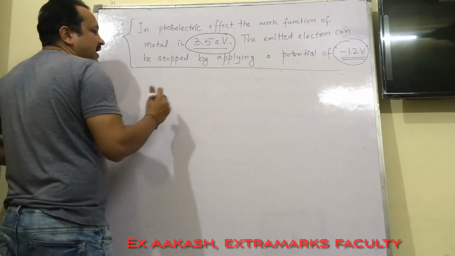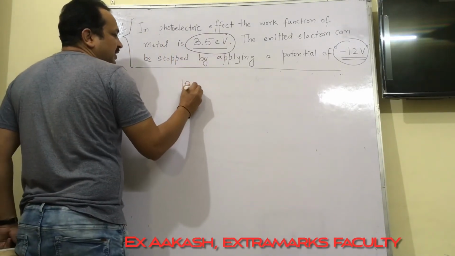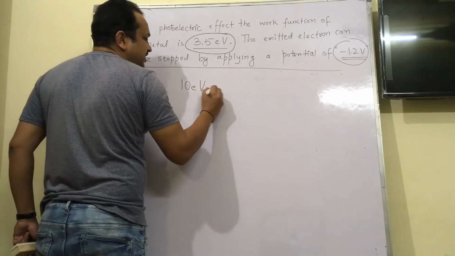Suppose I have 10 electron volt energy. What does it mean?